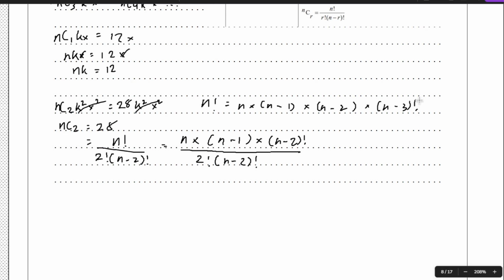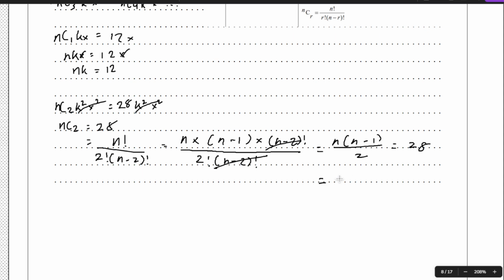But since we are doing it only until n minus 2, we can put a factorial there, and then we can cancel this out, and we'd be left with n(n minus 1) over 2 equals 28. So from here, we know that n(n minus 1) is equal to 56 because we just moved the 2 to the other side.